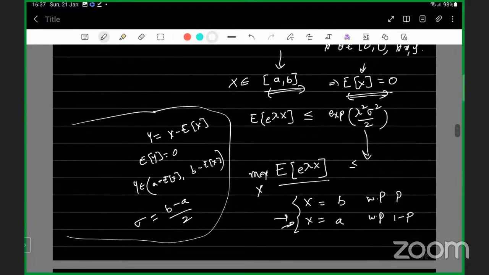Yeah, I got it. I think to prove this particular thing, you can use the convexity property.